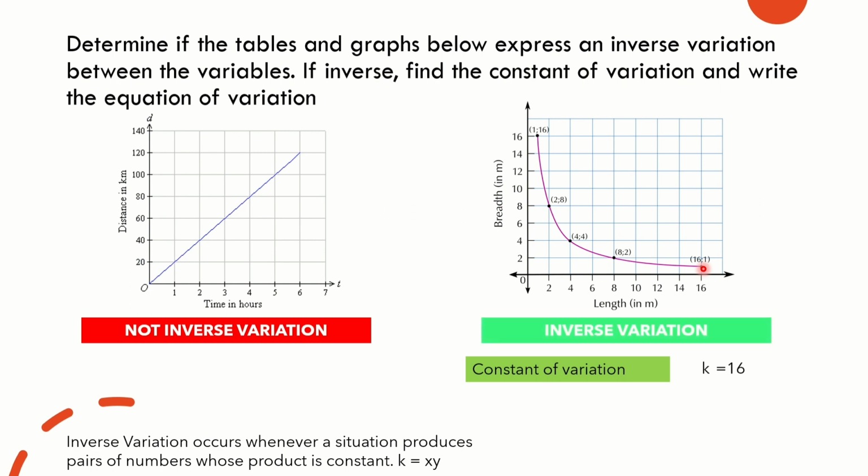That means this graph is an inverse variation. Since it's an inverse variation, we can also write the equation of variation. From y is equal to k all over x, we simply plug in the value of k, and the equation of variation now is y is equal to 16 all over x.